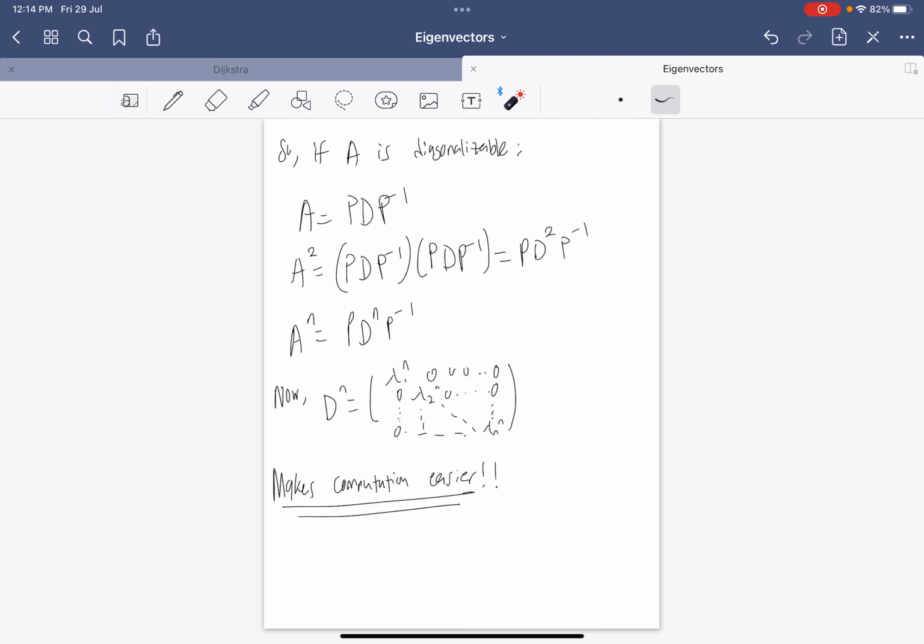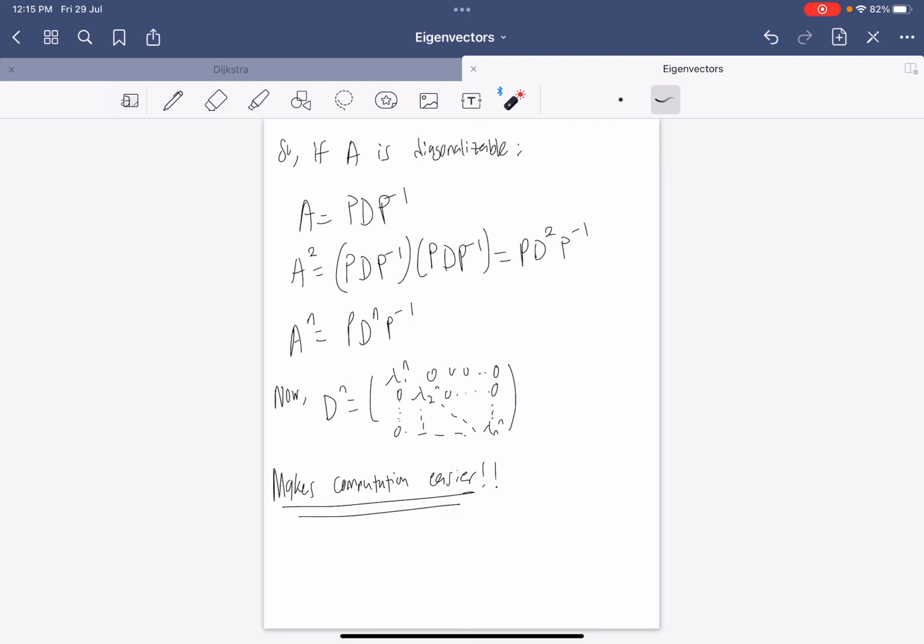But since D is a diagonal matrix, D to the power n will just be the diagonal entries to the power of n. And so this makes computation easier, and this is the reason why eigenvectors and eigenvalues are important and useful in generating large powers of a matrix.